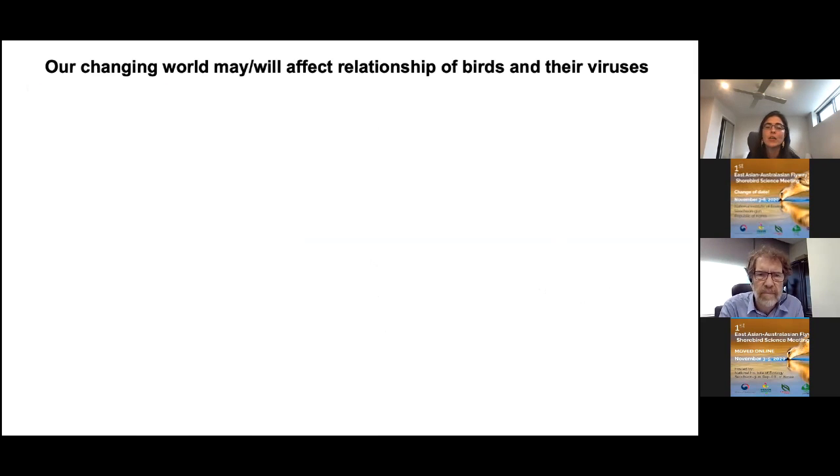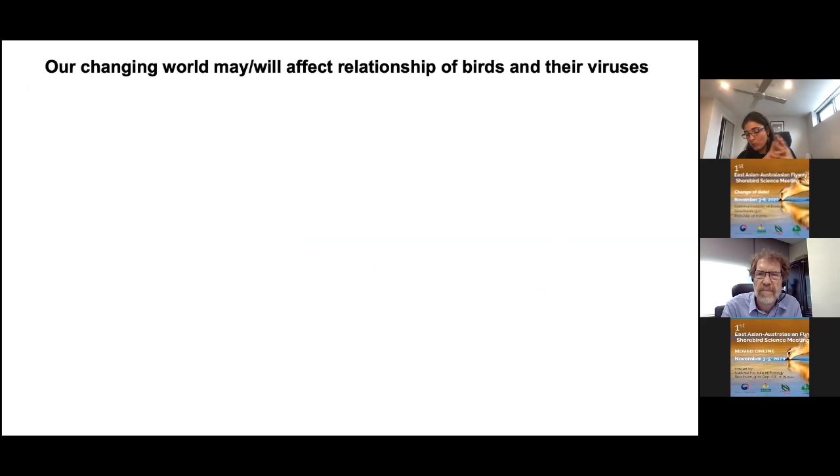And I just want to end on one quick note: even though we have viruses that don't necessarily cause disease in birds, there's quite a stable relationship there between shorebirds and their viruses. Now, we are in a changing world, and this changing world may modulate this relationship between shorebirds and their viruses.